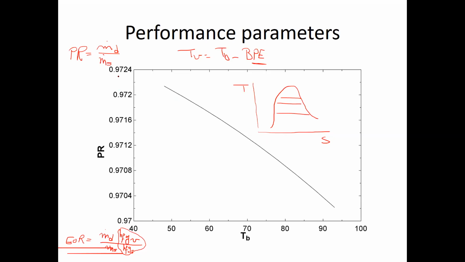The decrease is insignificant by looking at the values, but the change of the HFG is also insignificant. It's a weak function of temperature. So what's happening here is that the PR decreases as the temperature increases, because as the temperature increases, there is a decrease in the HFG value.